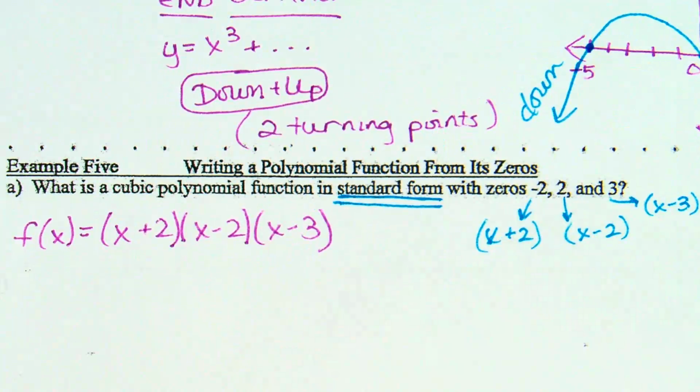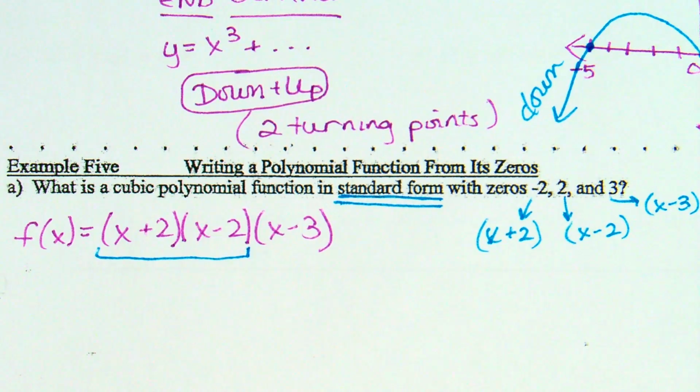No. What do I need to do to be in standard form? Multiply it out. My recommendation, you have 3 things that multiply. That means we're going to have to multiply 2, then get that answer and multiply by the third. Which 2 are best to multiply together at first? The ones that are the same numbers but opposite signs, because we'll have a nice neat thing happen there in the middle.